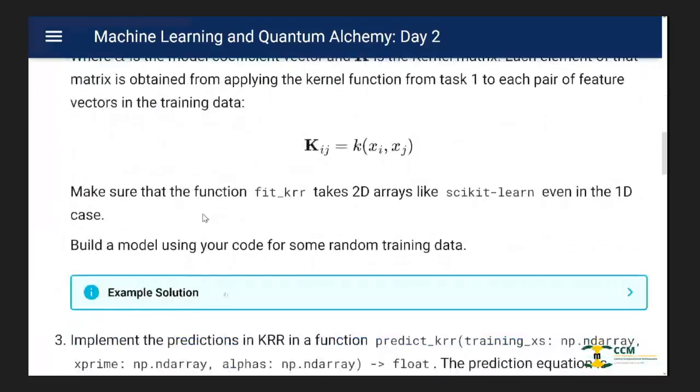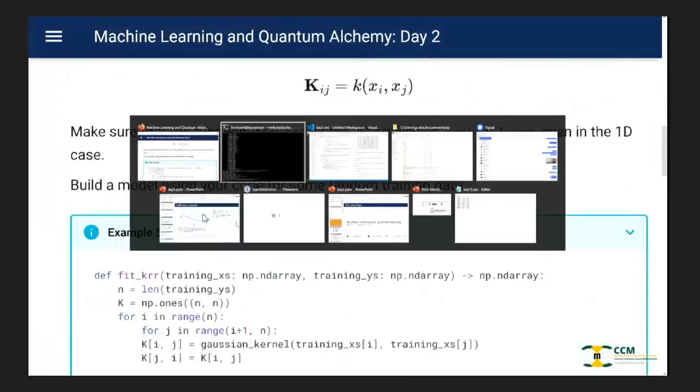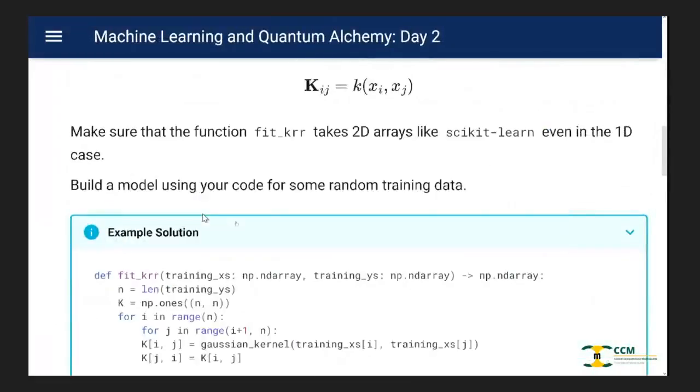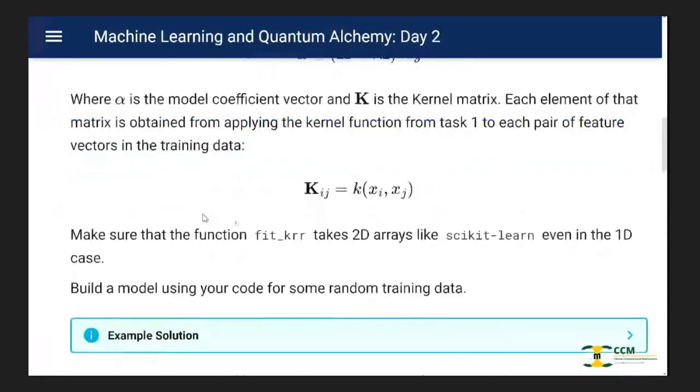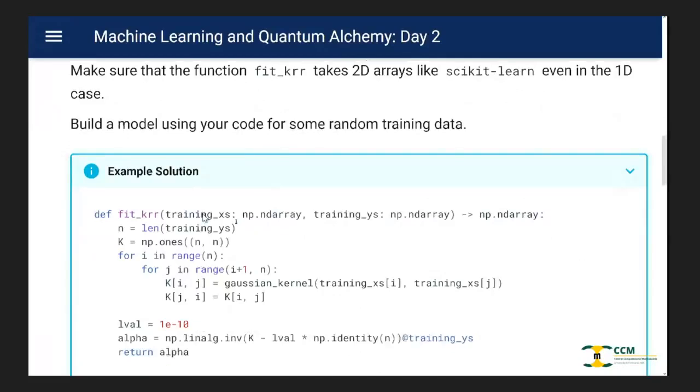Faz assim: esse aqui primeiro vai fazer a diferença dos dois pontos e calcular depois. Depois disso, você tem o nosso kernel, ele vai simplificar esse kernel dos pontos.